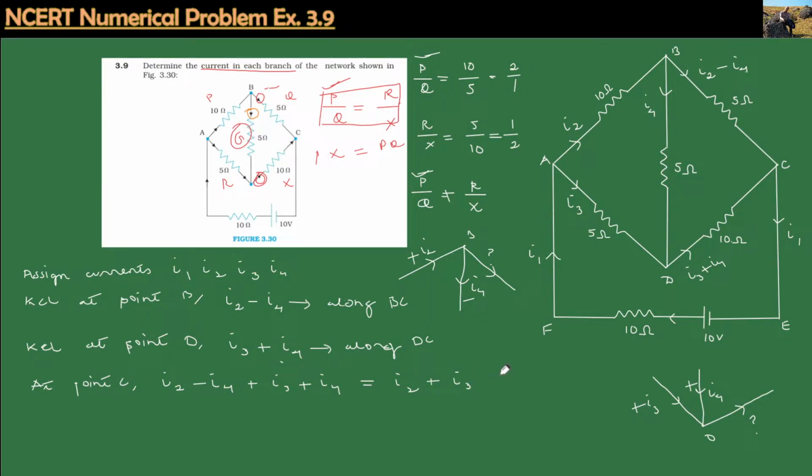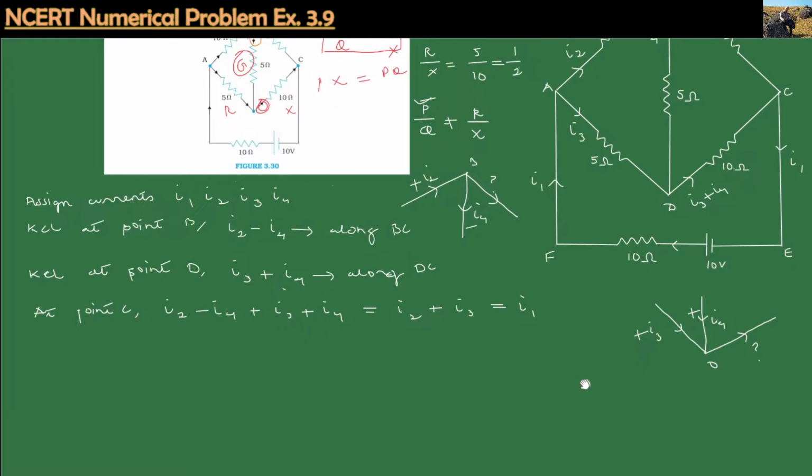And what is this I2 plus I3? I2 plus I3 is nothing but I1, from Kirchhoff's current law.